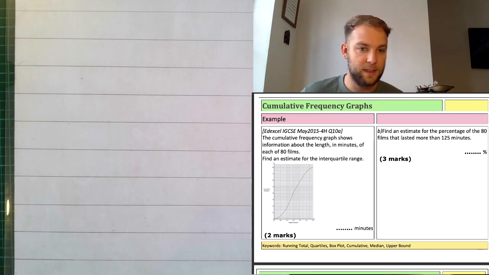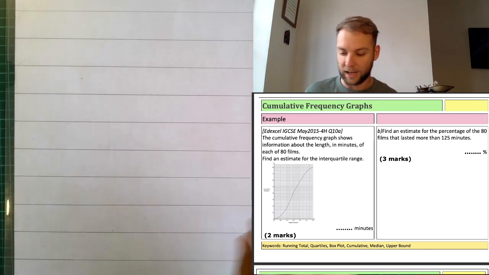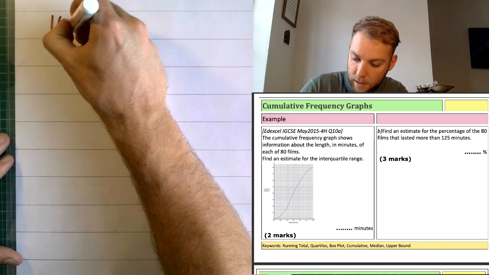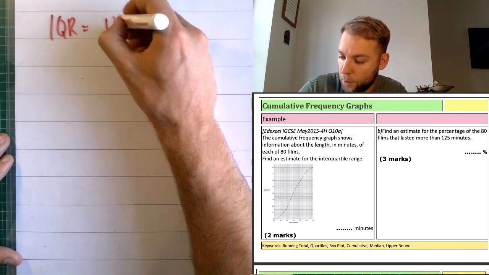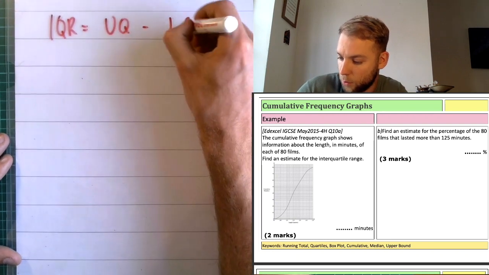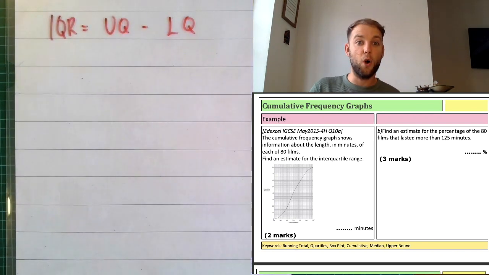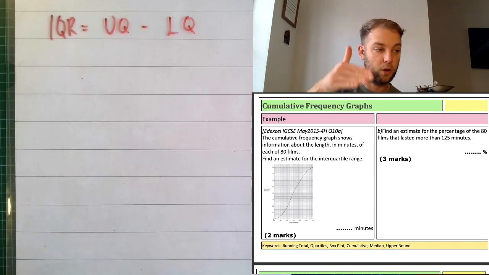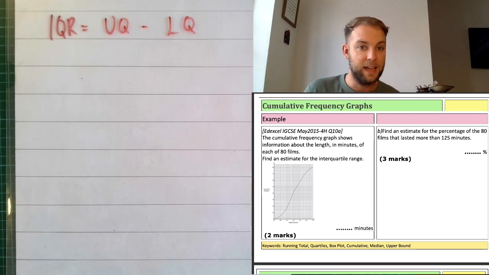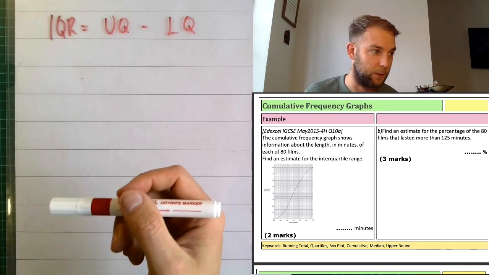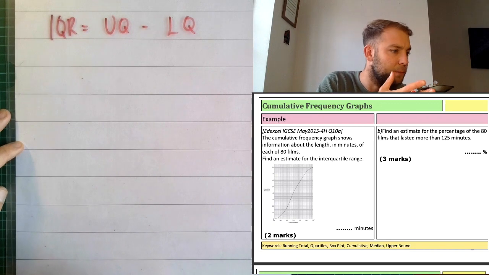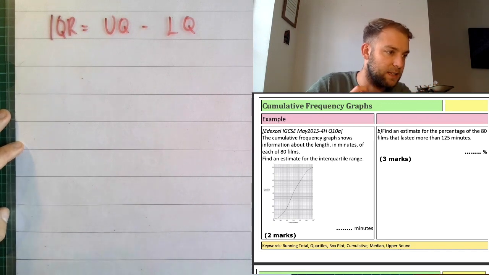Okay, so here we've got to find the interquartile range. Now we know the interquartile range is equal to your upper quartile subtract your lower quartile. So you've got to see the total amount of, sorry, not people, in this case it's films, isn't it?